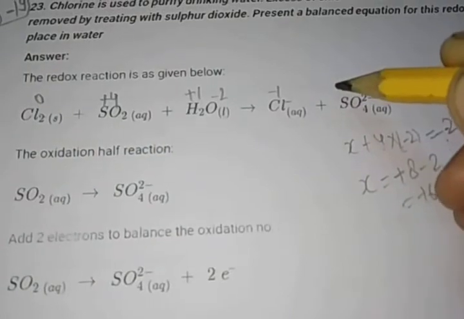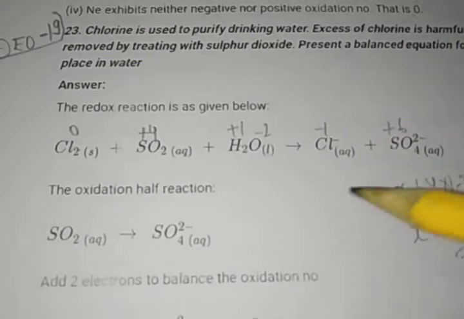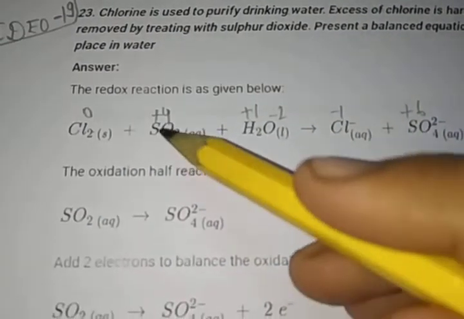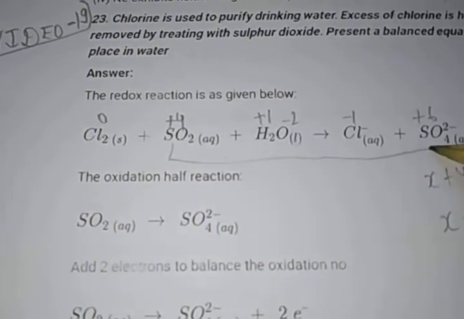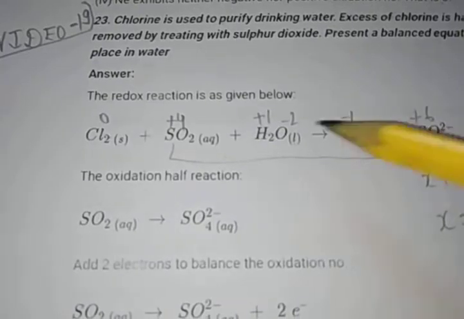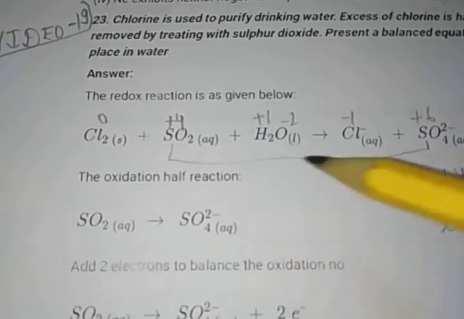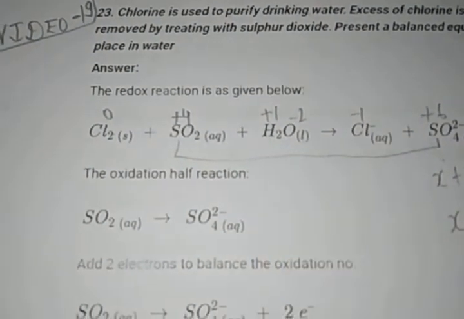So here the sulfur oxidation number is +6. In the oxidation half reaction, sulfur converts from +4 into +6, a loss of electrons, an increase in oxidation number. So it is an oxidation half reaction.